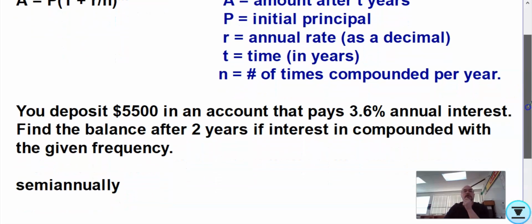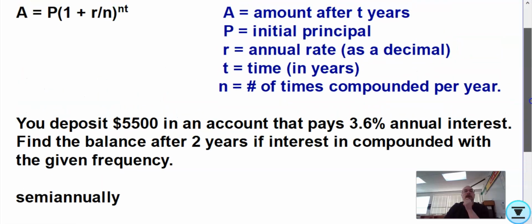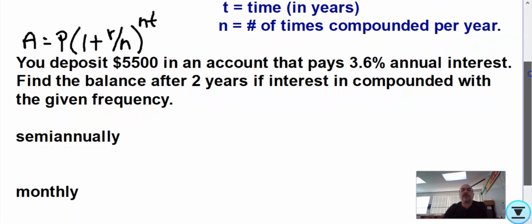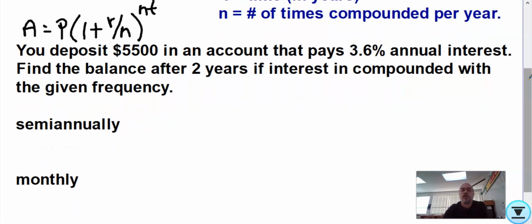Okay, so let's see here. I'm going to write this formula a little bit further down so that I don't have to scroll up to look at it. Okay, so you deposit $5,500 into an account that pays 3.6% annual interest.